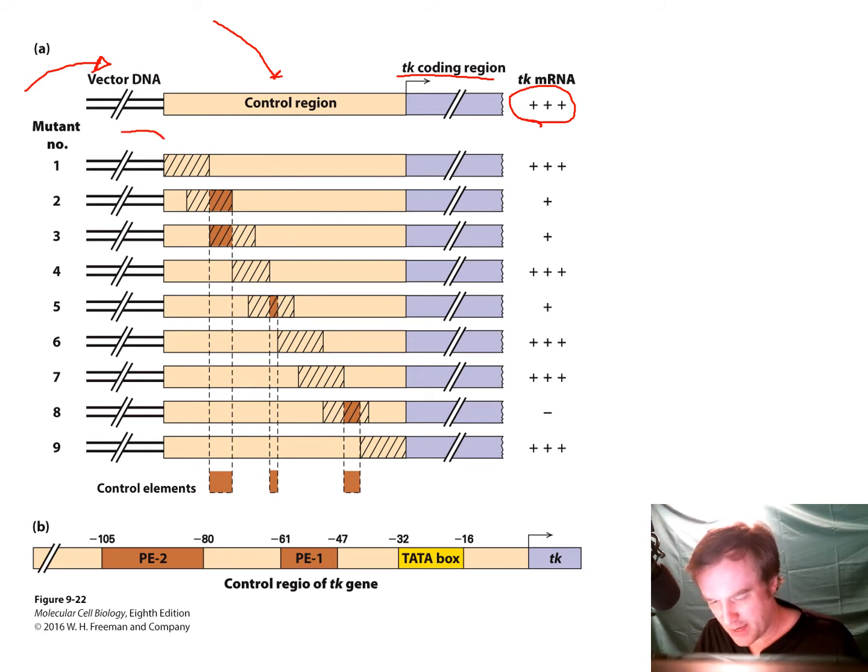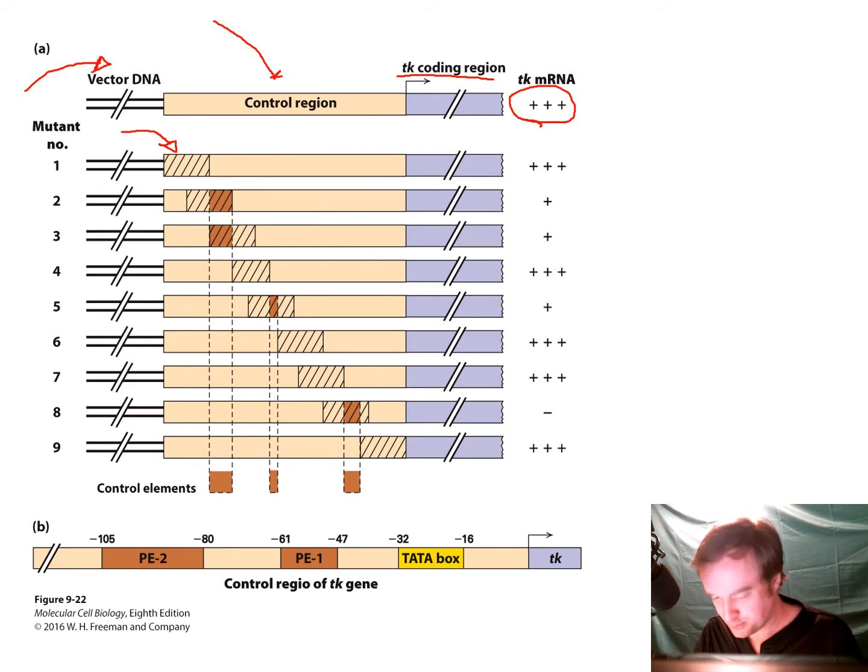These boxes with the diagonal lines are areas where we've inserted and garbled up the sequence of that control region. So it's just nonsense. The length is the same because we don't want to change the distance the gene is from any upstream element, whether it's an enhancer or something like that.